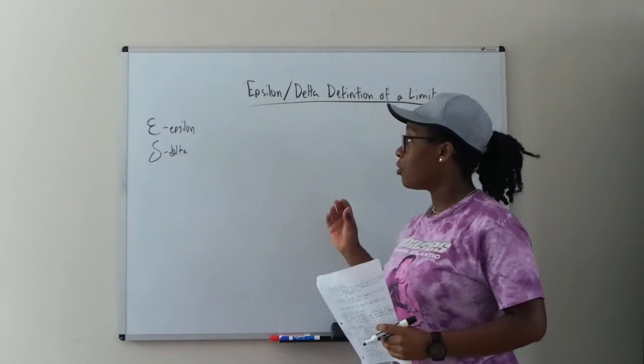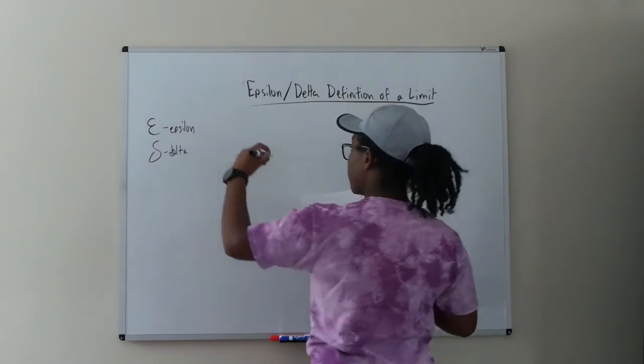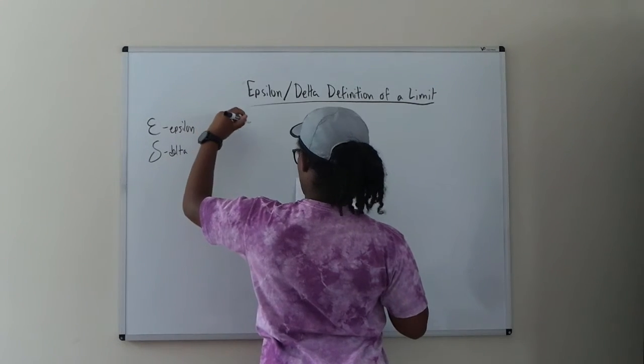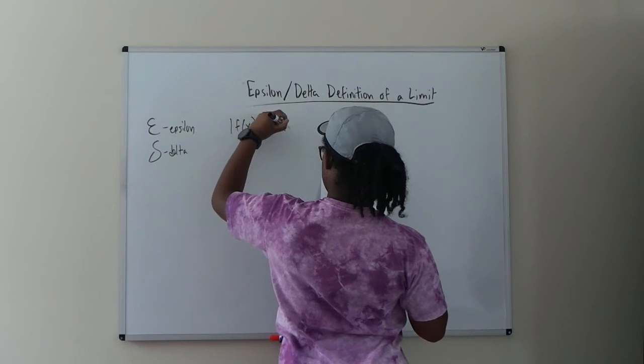So they're really just tiny, small positive numbers. The absolute value of f of x minus L is less than epsilon.